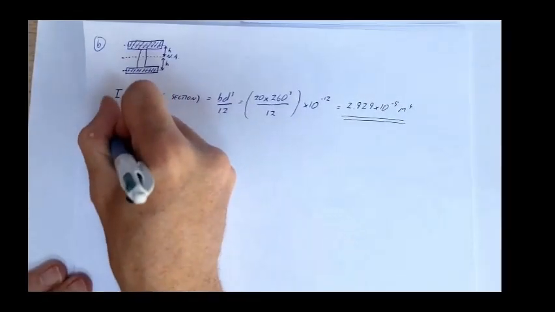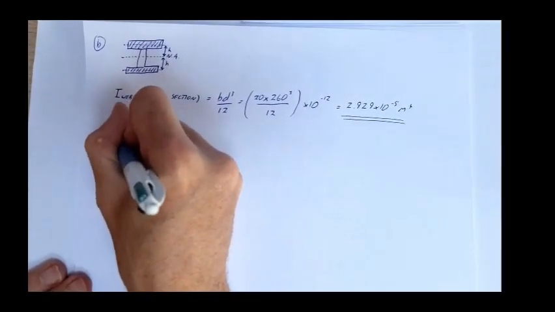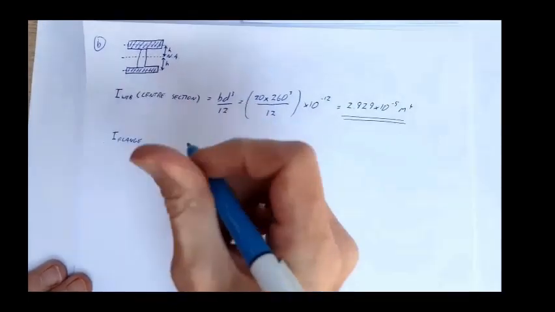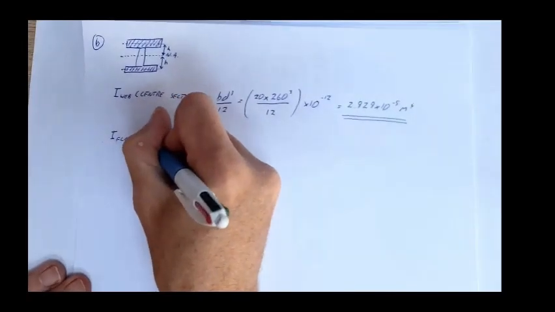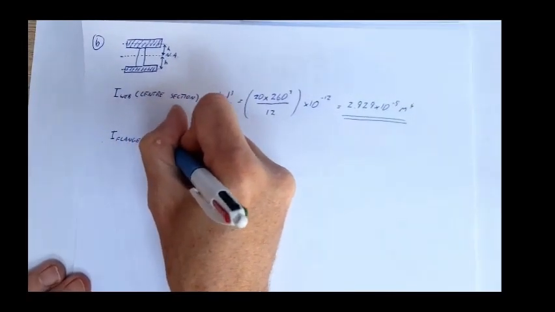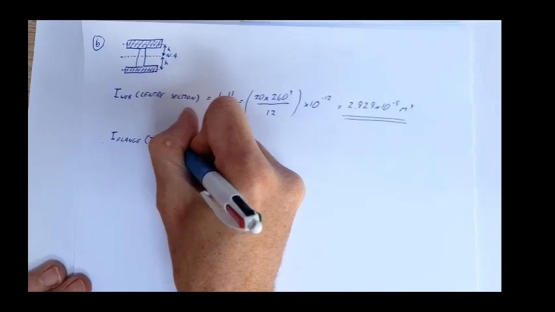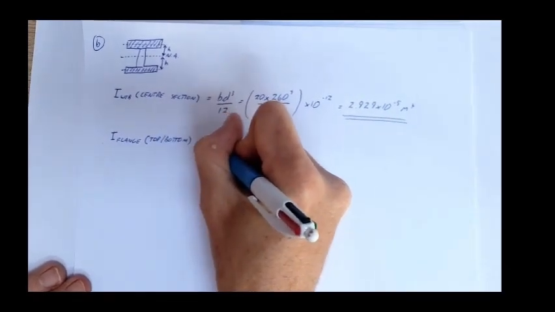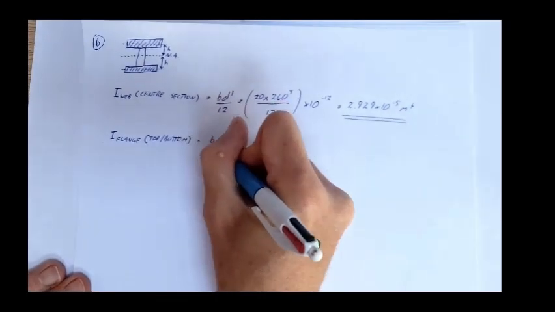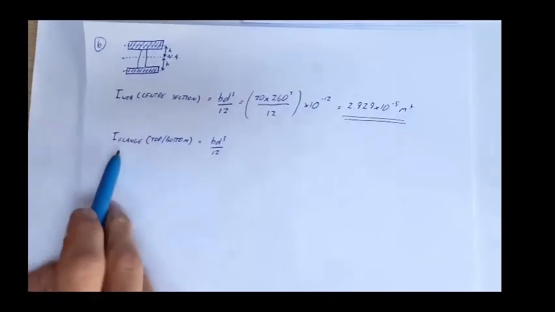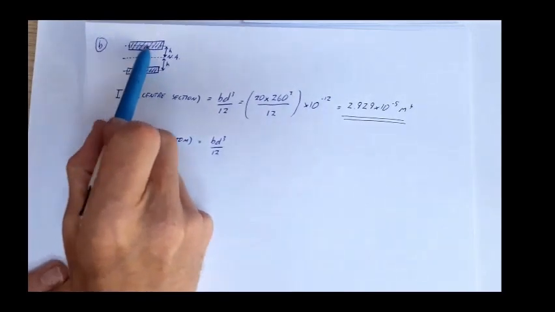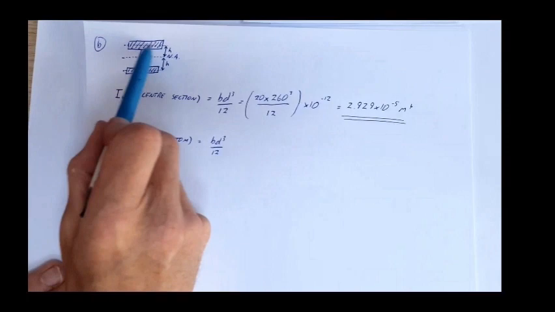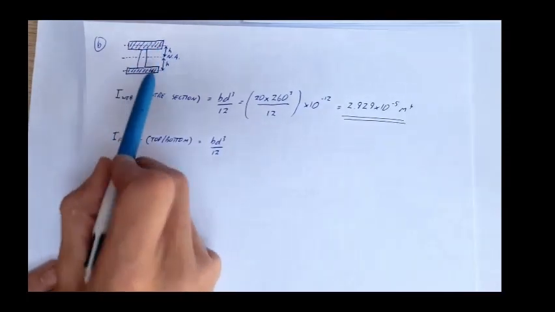Let's now consider the second moment of area of one of the flanges. So this can be the top rectangle or the bottom. And that's BD cubed over 12. So we're calculating the second moment of area of either this rectangle or this rectangle around its local neutral axis, so around the axis which is running through the center of that rectangle.